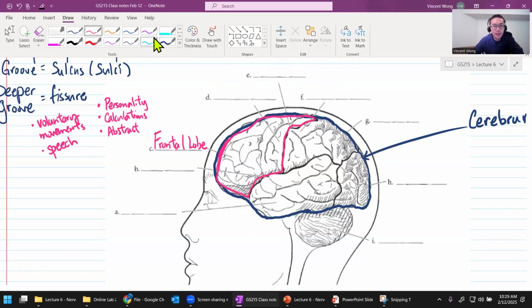And then over here, it's kind of like drawing maps, right? With the countries and regions and whatnot. Over here, we have the parietal lobe.